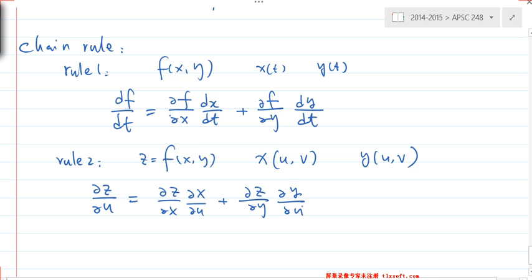And you can extend it very easily. If this is a function of three variables, x is u, v, w, you know, like that, just keep adding terms out here.